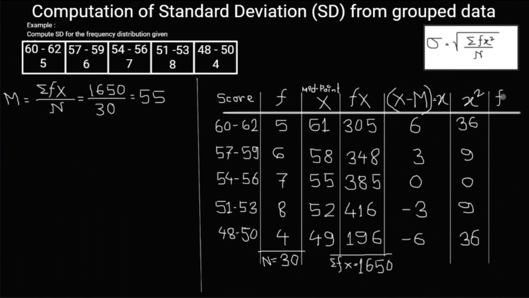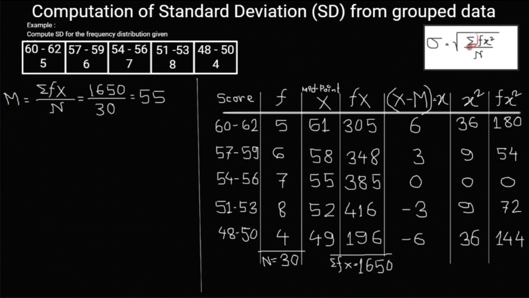Then fx square: 36 times 5 is 180, 9 times 6 is 54, 0 times 7 is 0, 9 times 8 is 72, and 36 times 4 is 144.